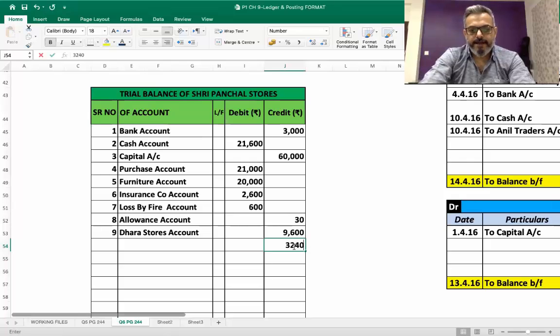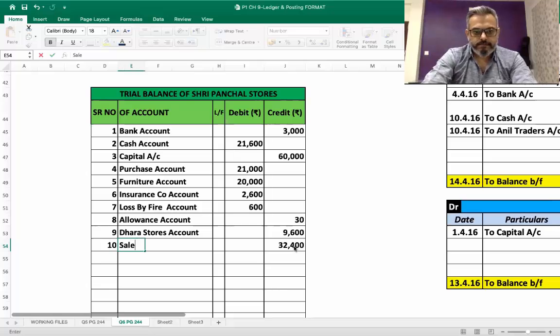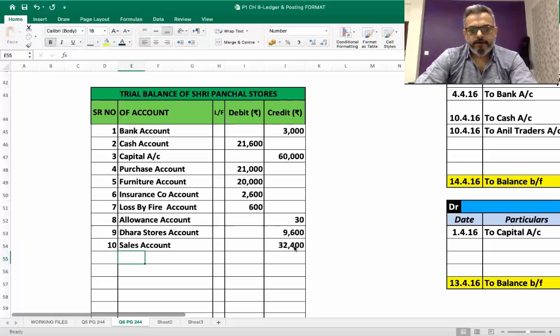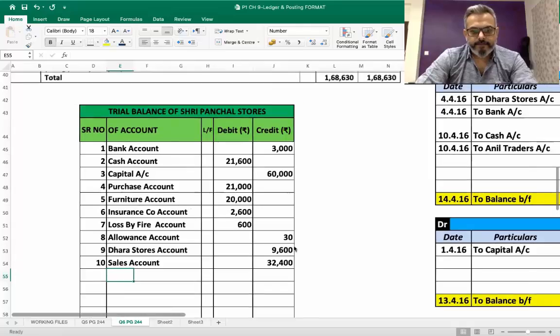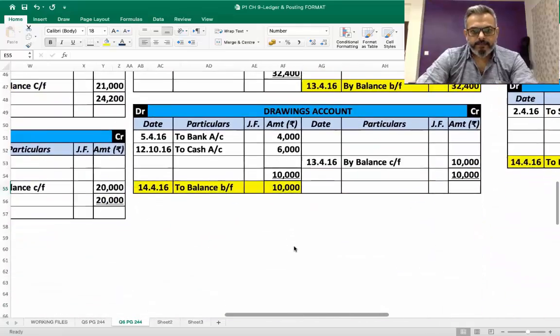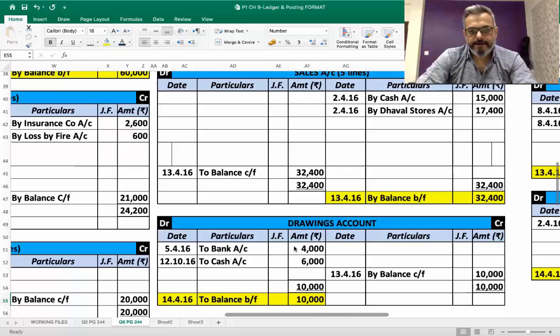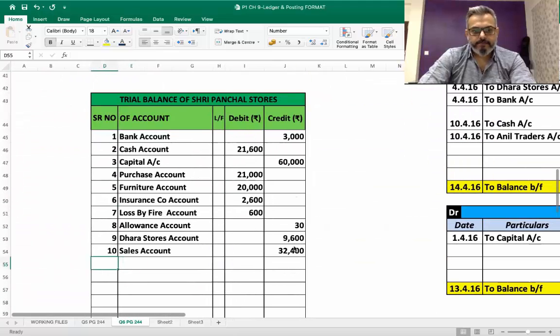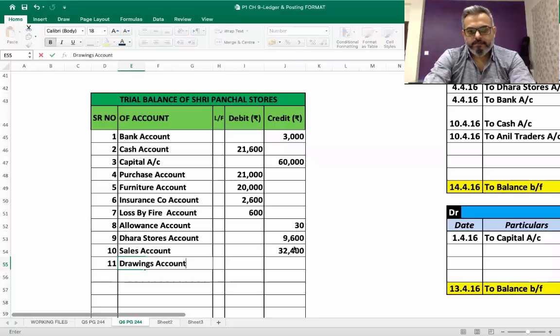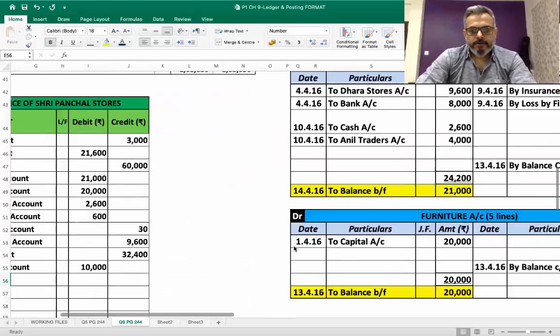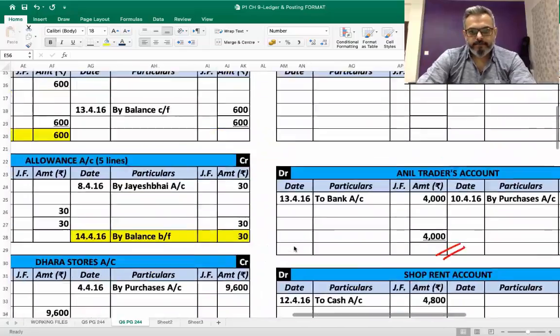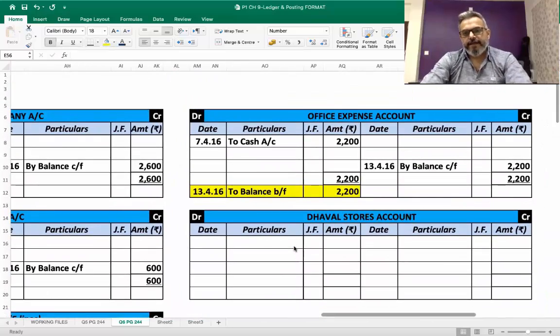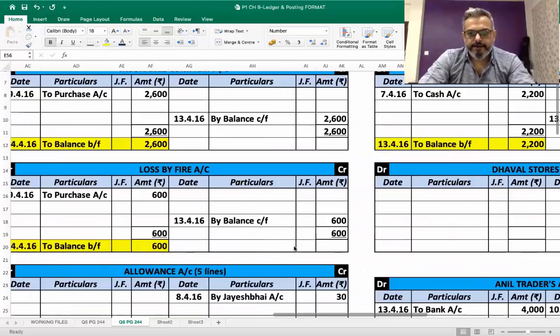Sales account is always a credit balance. Drawings account, debit 10,000. Office expense, debit 2,200.